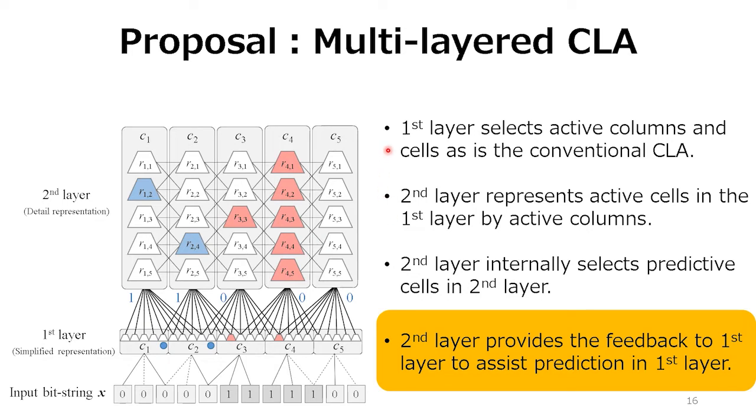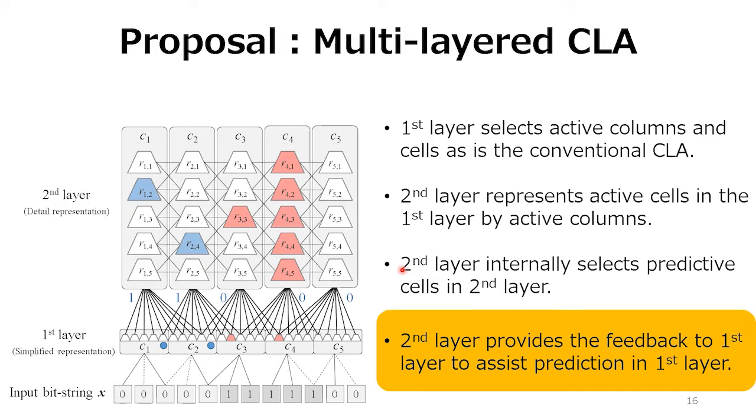First layer selects active columns and cells as in the conventional CLA. Then, second layer represents active cells in the first layer by active columns.